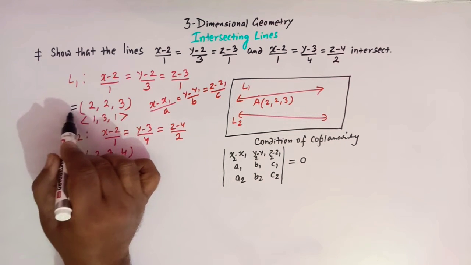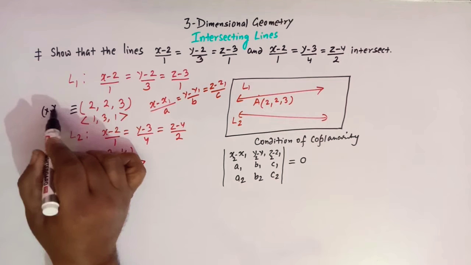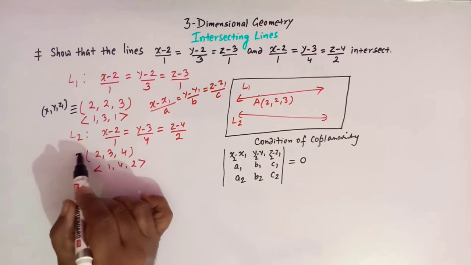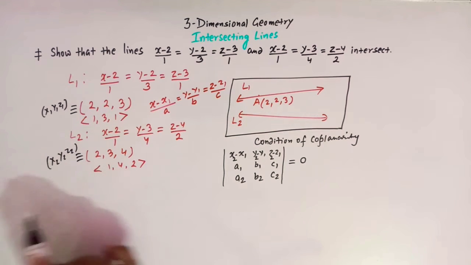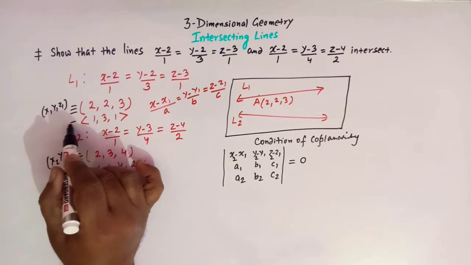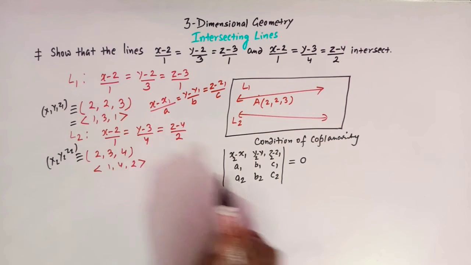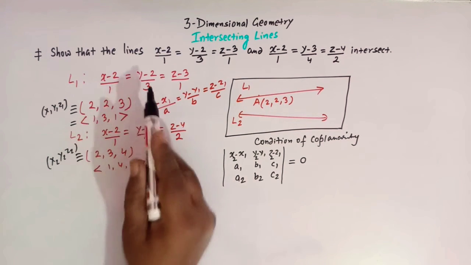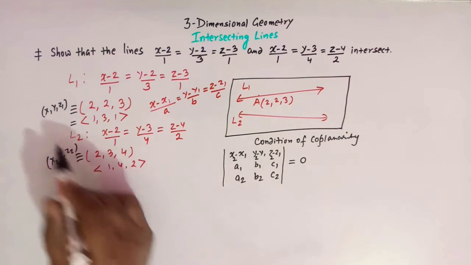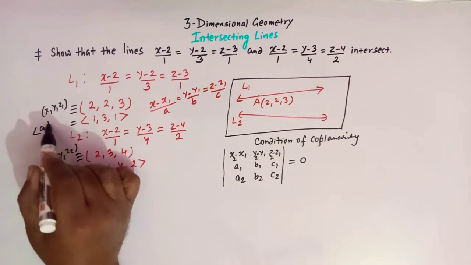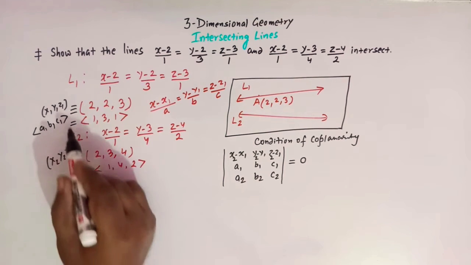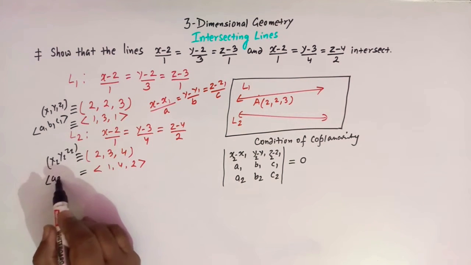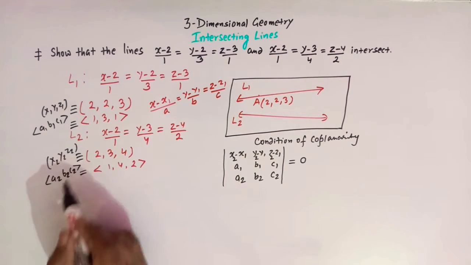Here this point is (x1, y1, z1), and this point is (x2, y2, z2). The numbers 1, 3, 1 are the direction ratios of the line L1, so we have a1, b1, c1 here and a2, b2, c2 here.